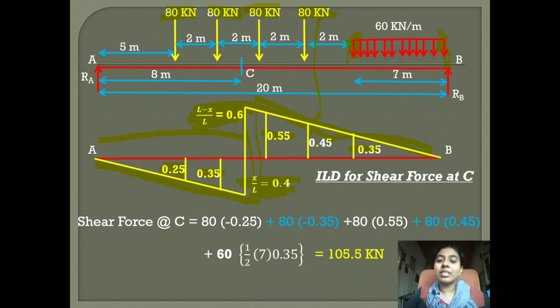Now the shear force at C, that is the section at a distance of 8 meters from A: you multiply the ordinate by the magnitude of the load.